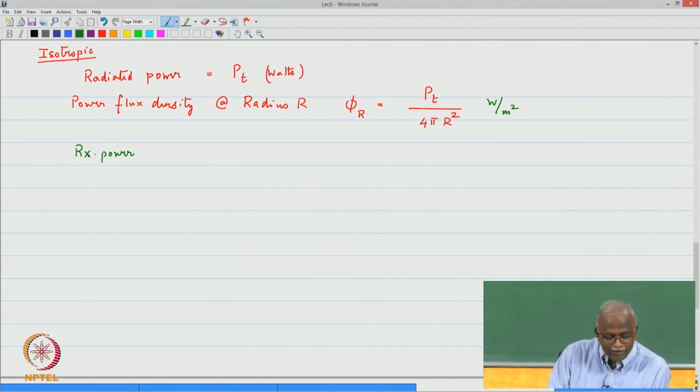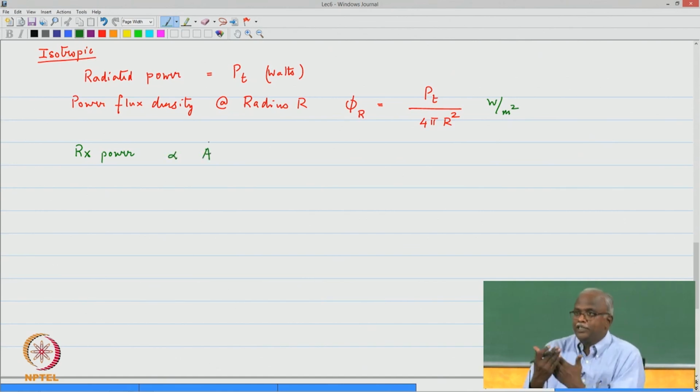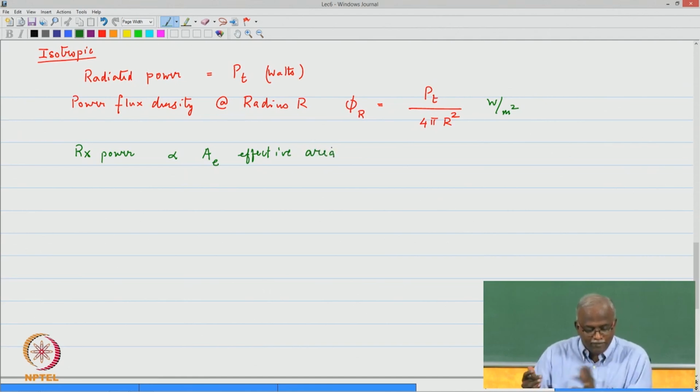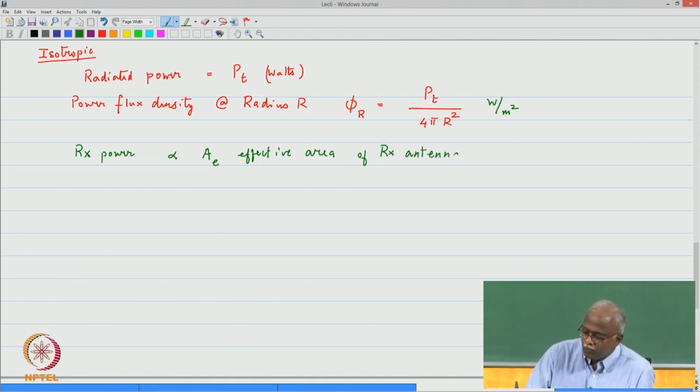So, the received signal power is proportional to the area with which you can intercept the power flux density. A_E stands for the effective area of the receive antenna. This is what tells us what portion of the transmitted signal power can be effectively intercepted.